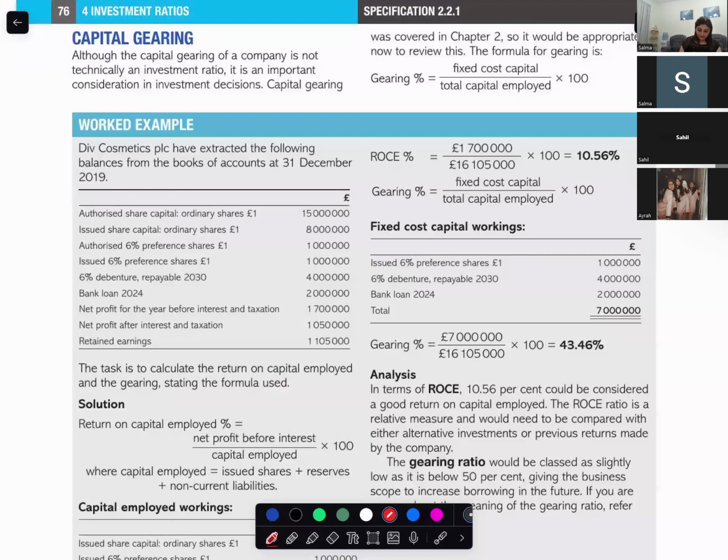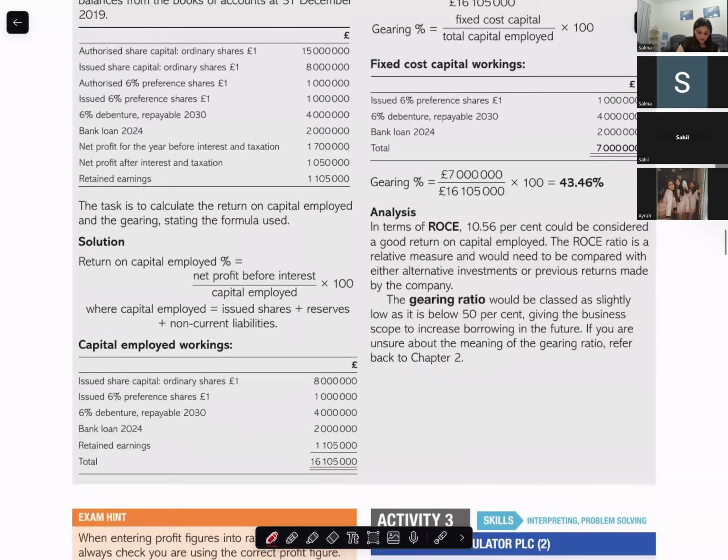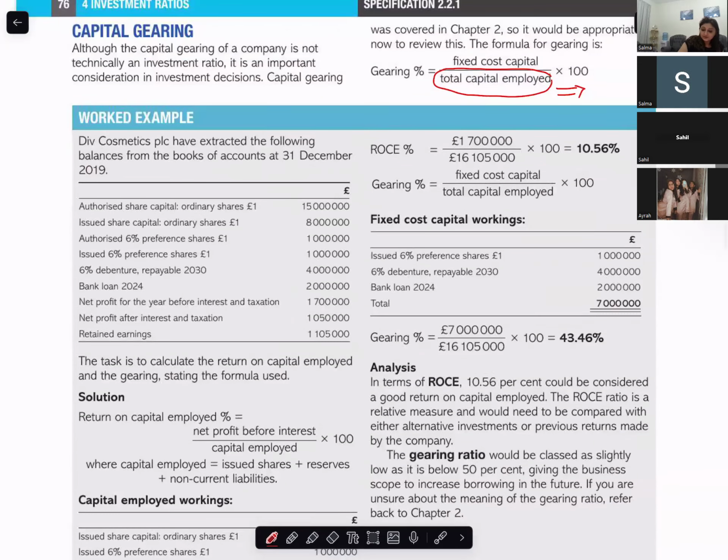When we're talking about our capital gearing ratio, it tells us that in your total capital employed, which means your share capital plus your non-current liability, what is the capital that carries some fixed cost with it?